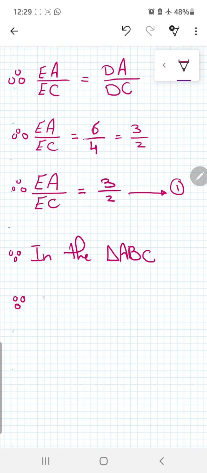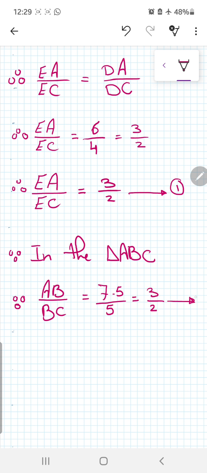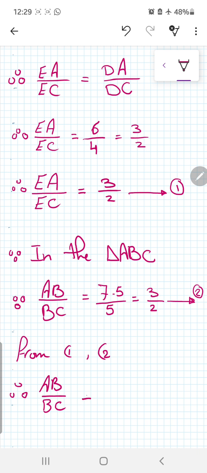Since AB over BC equals 7.5 over BC, which is 5, we get 3 over 2. From 1 and 2, we get therefore AB over BC equals EA over EC.